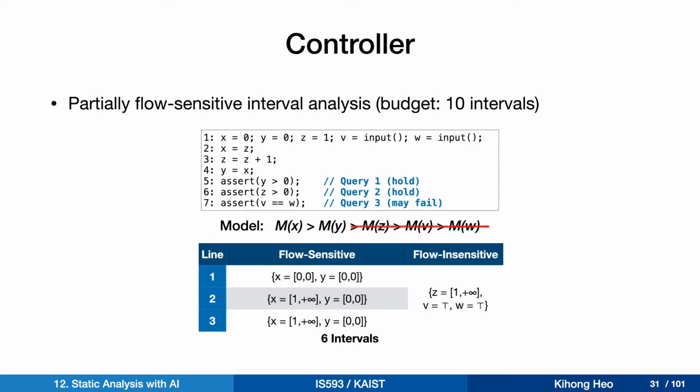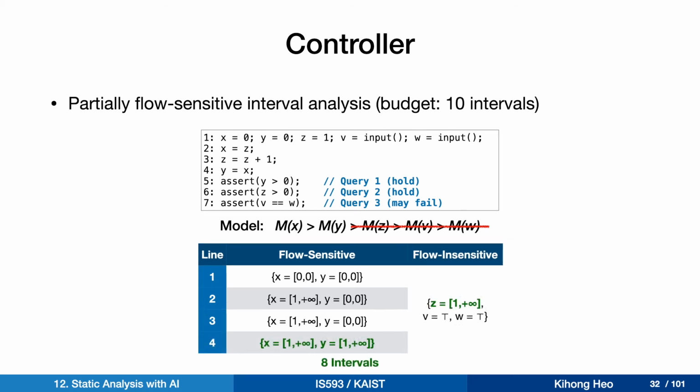So in this case, again the controller is involved and says to drop the least two variables from the flow sensitive analysis result. So we can save memory, and again we only have 6 intervals, as you can see, right? And then finally the analysis is finished without violating the resource constraint. As you can see, the analysis can prove the maximum number of queries, these two queries, right?